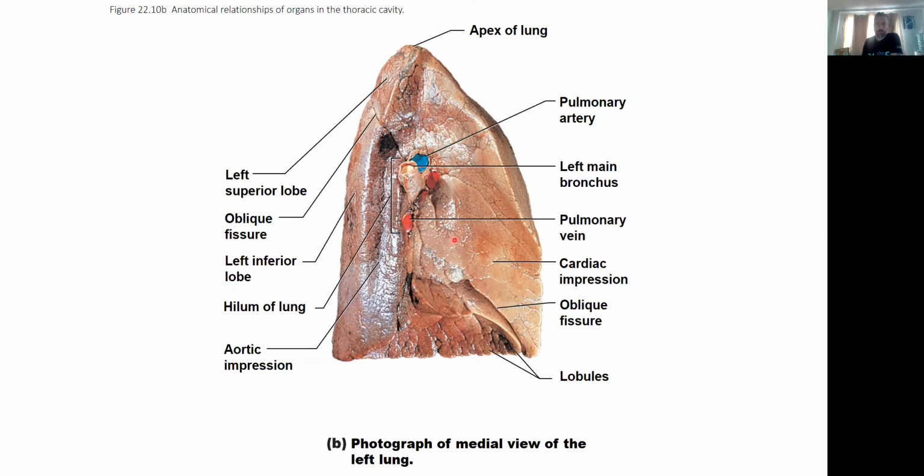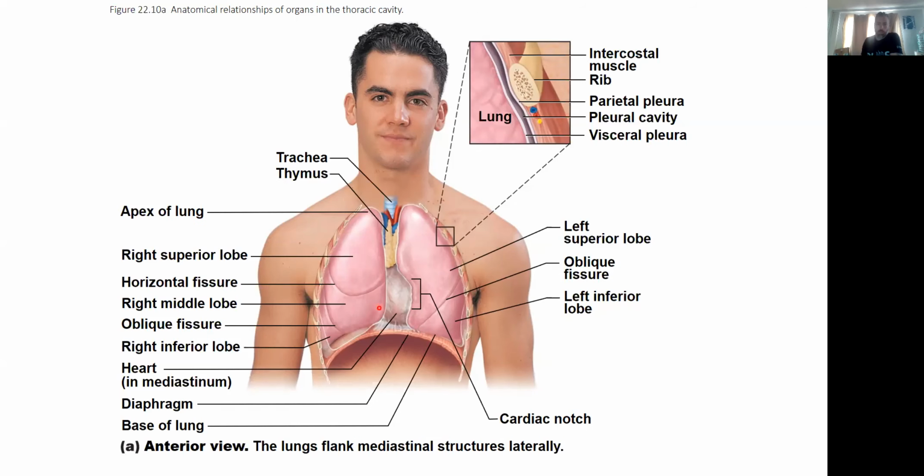It starts here, comes down to the corner, separating the superior and inferior lobes. And we have that both here on the right side and on the left side. On the right side, because we have an additional lobe, we have an additional fissure. That horizontal fissure is going to separate the superior from the middle lobe. And the middle and inferior lobes are separated by the oblique fissure.